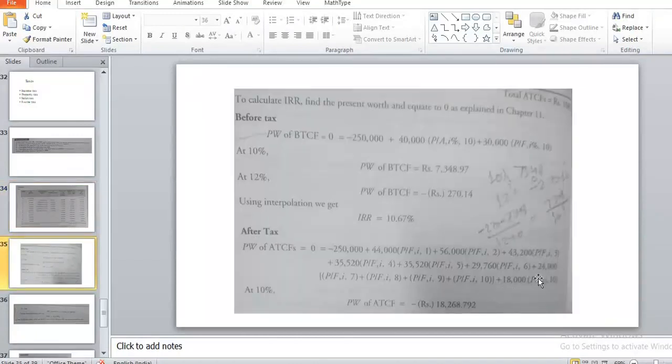And this present worth is calculated like this. At 10%, after simplification, the present worth comes as 18,268 rupees.